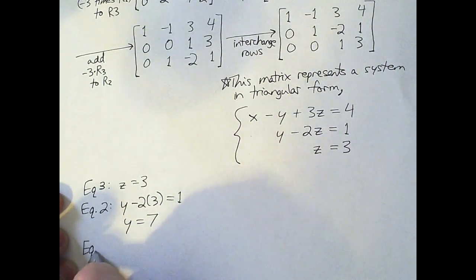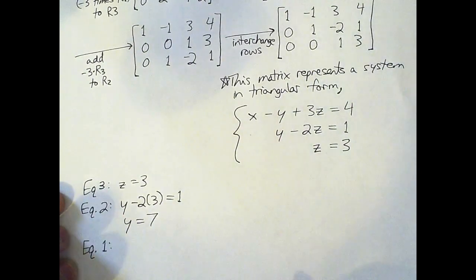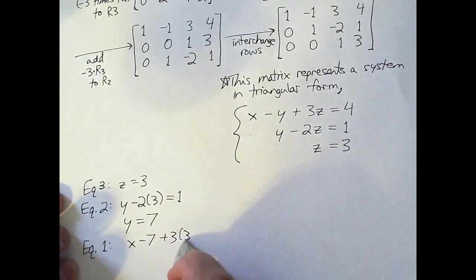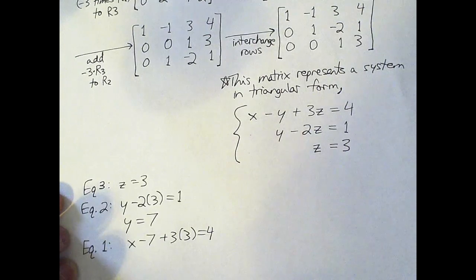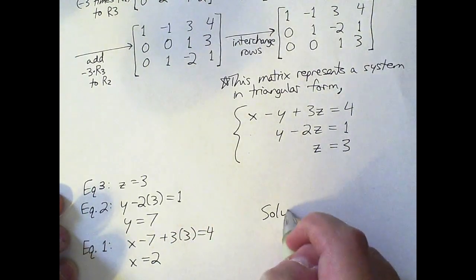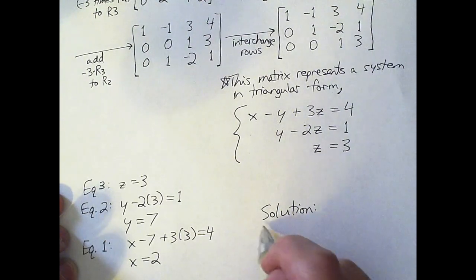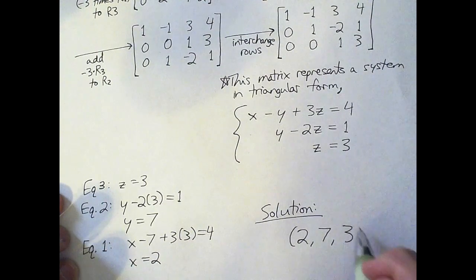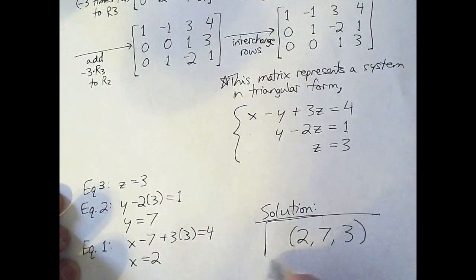Equation 1, which we get from row 1, tells us x minus 7 plus 3 times 3 equals 4. Minus 7 plus 9. All right, so this gets us x equals 2. So the solution to the system, we found one unique solution this time. That seems to be a pretty common outcome. 2, 7, 3.